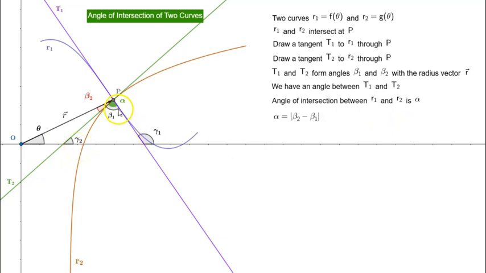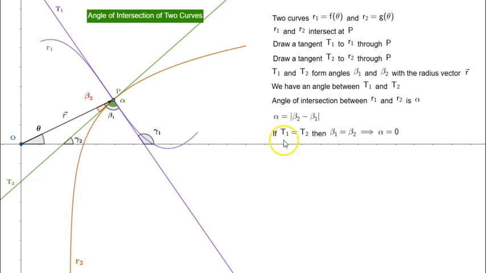So which means alpha is equal to the absolute value of beta 2 minus beta 1. So here, if you notice, beta 1 is greater than beta 2. So because of the absolute value, we will get a positive difference.